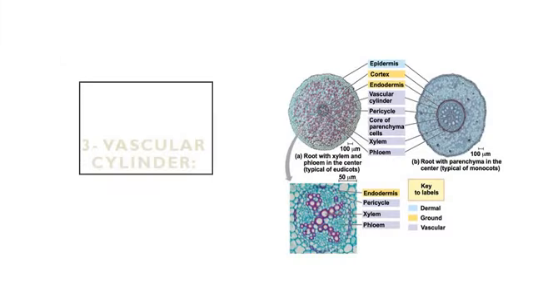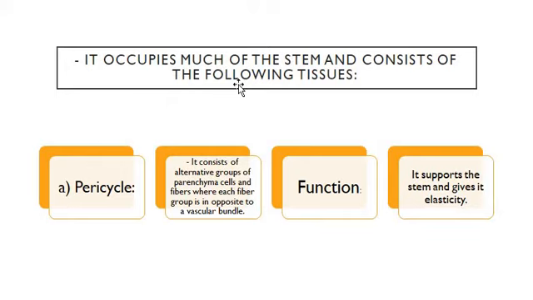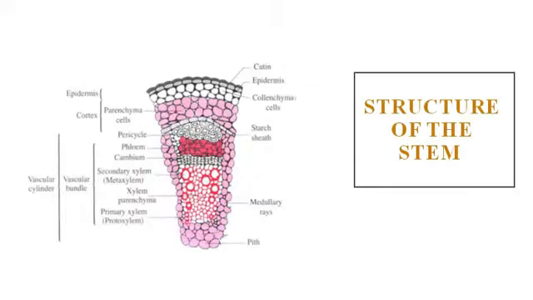Okay, guys, here we have the third layer, which is called the vascular cylinder. Look, in the transverse section of the stem, all of this is called the vascular cylinder. Inside the vascular cylinder, we have the vascular bundle and other things. We have something called the pericycle.